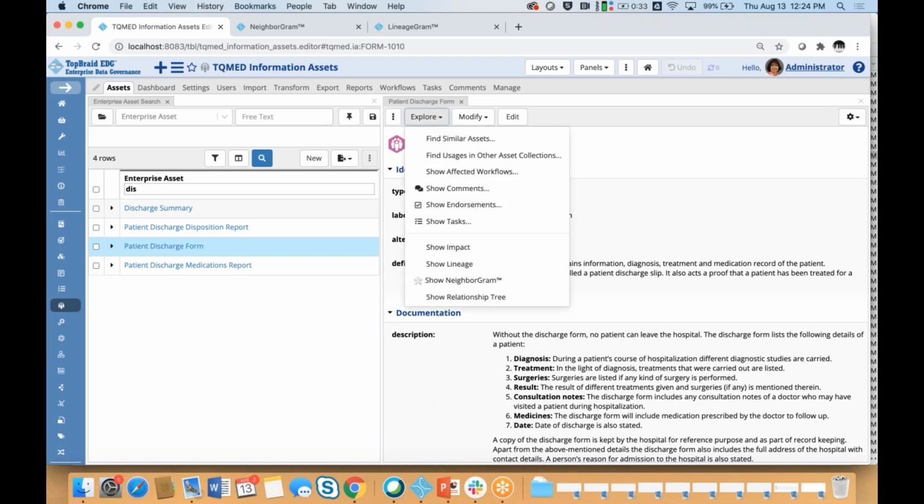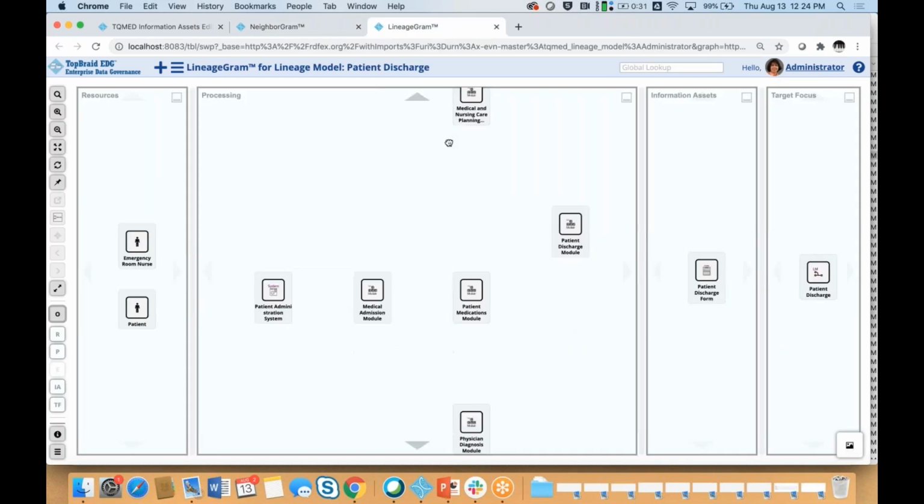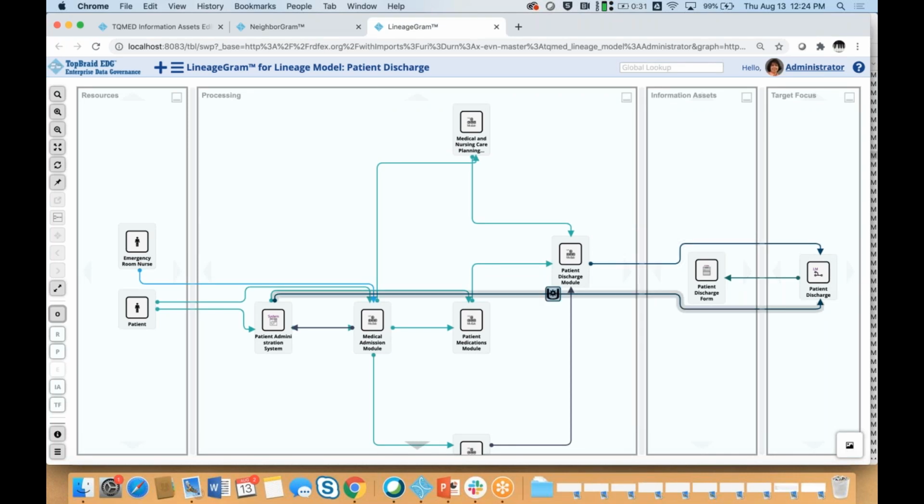In fact, we can look at the entire lineage of this information asset to see how it's produced. I have that picture here already for you. We can see that the patient discharge form is produced by these various software programs and modules, and those links can be drilled down to see more details of how information flows through the enterprise, from the applications and the specific data that those applications exchange, to produce the patient discharge form.